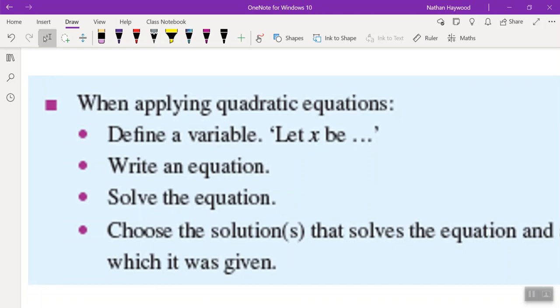You need to put that somewhere so people understand what the letter represents. You then write an equation from the words, try and solve the equation like we practiced yesterday, and then choose the solutions that actually work.